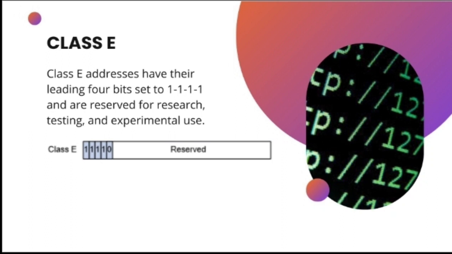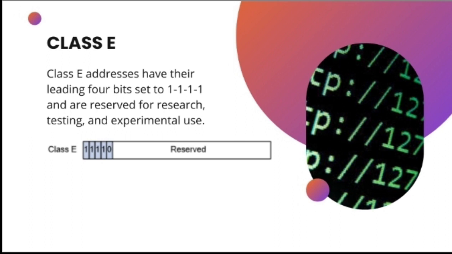Class E IP address is defined by including the starting 4 network address bits as 1, which allows you to incorporate addresses from 240.0.0.0 to 255.255.255.255. However, Class E is reserved, and its usage is never defined.